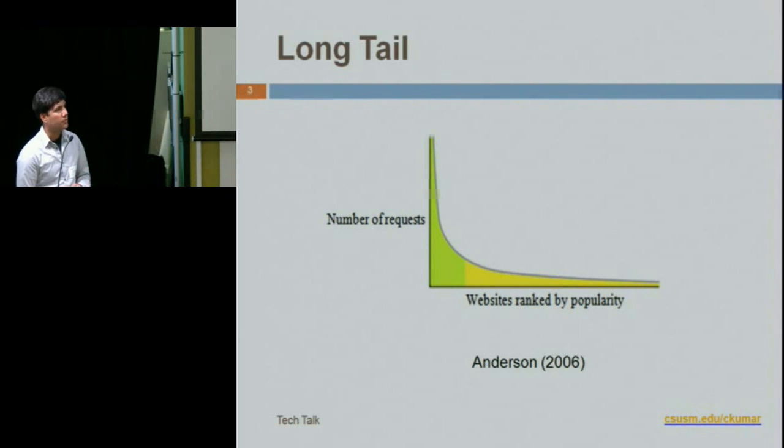So that was the first aspect. Beyond that, going beyond earlier studies, we were interested to observe if different factors such as the user's geographical location or the time of access affect the shape of the long tail in terms of the degree of steepness that that particular long tail has.